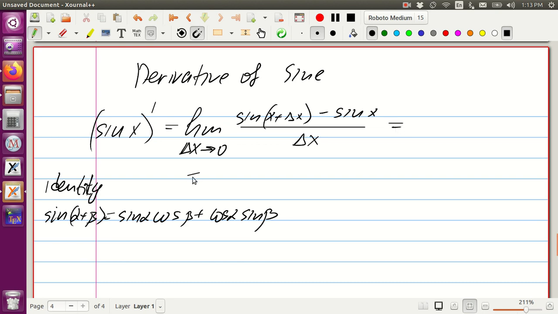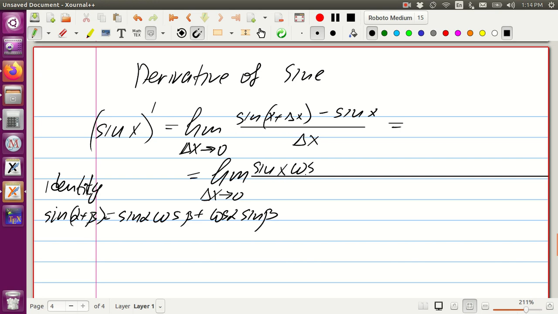So we're going to use this identity. We have the limit as delta x goes to 0. So let's write this out. The first term, sine of x cosine of delta x plus cosine of x sine of delta x minus sine of x. That's the numerator.